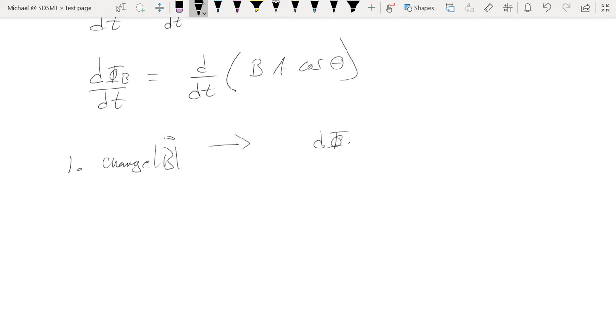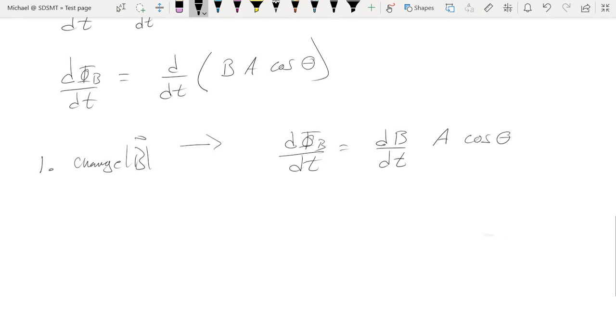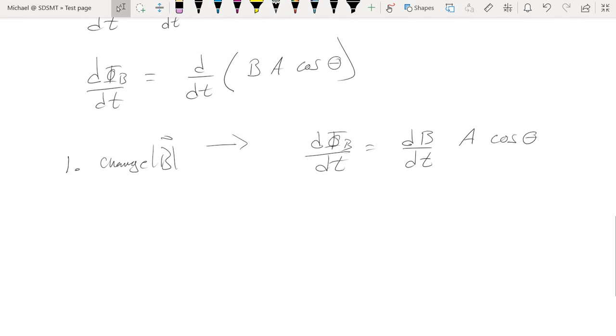And so when we do that, we get derivative of magnetic field with respect to time times the area times cosine of the angle. So that would be the change in flux with respect to a changing magnetic field.